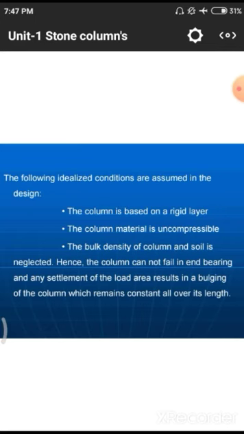Hence the column cannot fail in end bearing. End bearing means normally the total structure has different columns. Particularly at the end of the structure, we use these end bearings to control the stress distribution to the surrounding soils and other conditions.